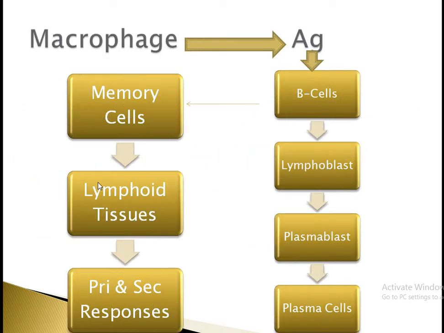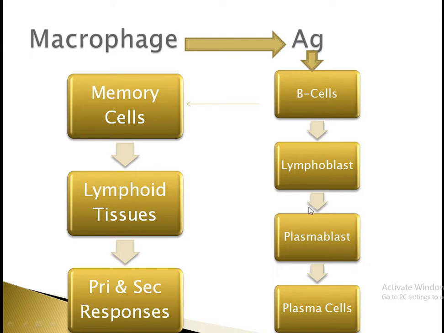This is the summary of how the macrophage presents antigen to the B cells, which change to lymphoblasts, then to plasmablasts, and in the end these are the plasma cells which are going to produce the antibodies.